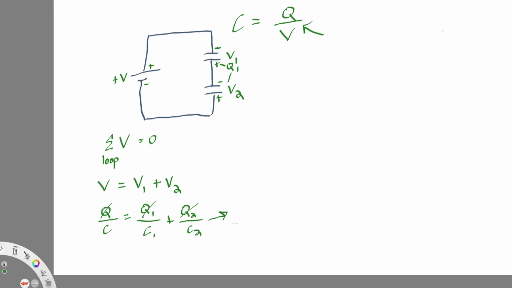There is a loosely followed tradition where you use capital Q for charge on circuit components, but then you use little q for point charges.